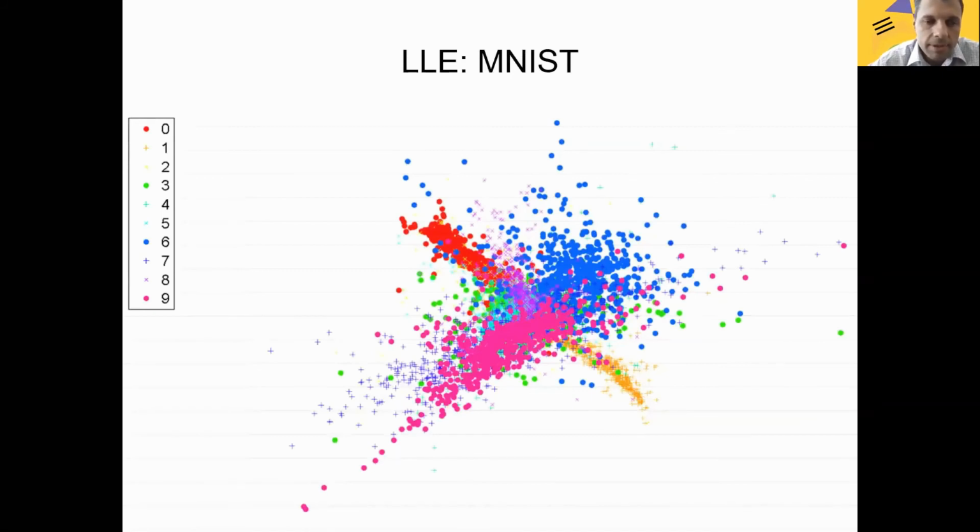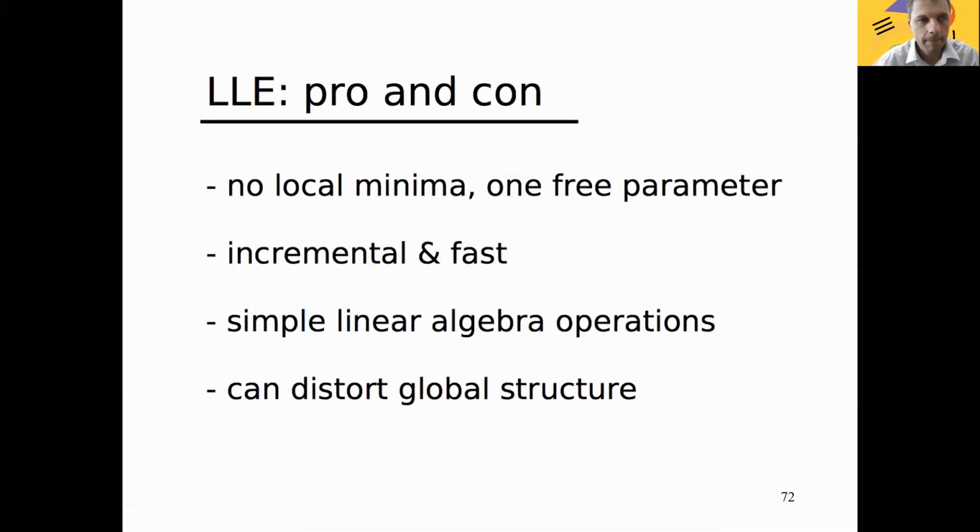In case of MNIST, the results are not as good as in case of using the ISOMAP approach, but this is what we get. And actually, in practice, often we just take several methods and try to apply them one by one to get the most accurate results.